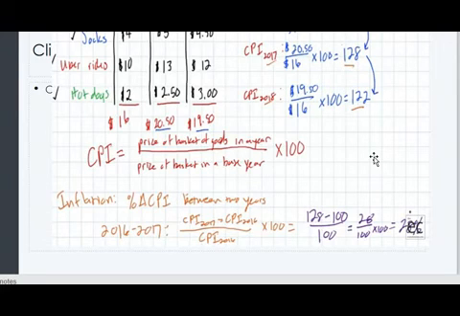Gaya dun sa ating GDP, may base year din tayo na ginagamit. Okay, so sabi dito, inflation is determined by the percentage change in consumer price index between 2 years. No? Inflation is computed by the percentage change in consumer price index between 2 years.